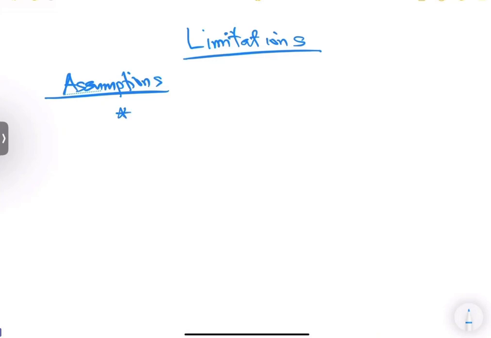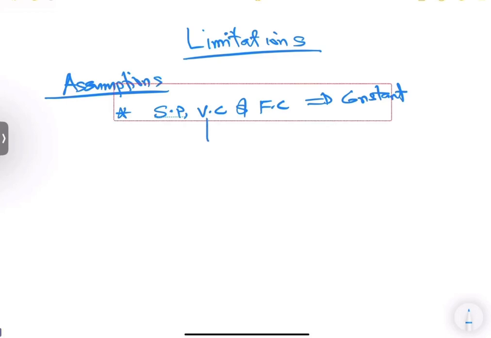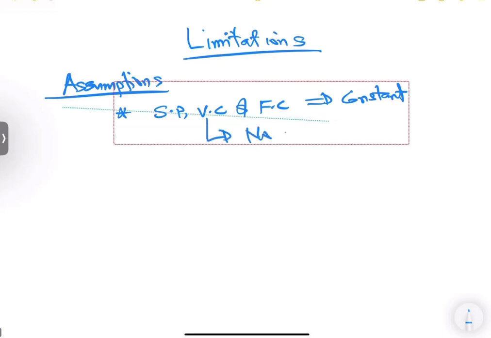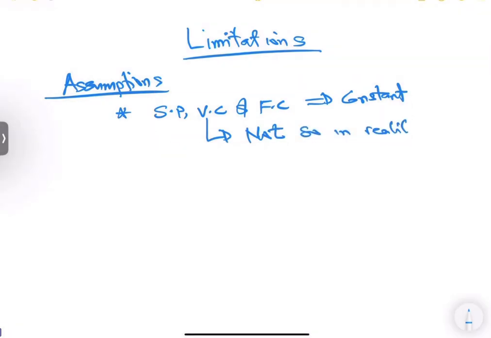Because remember, the first assumption we made when we're doing this was that variable cost, fixed cost, and price will be constant. We said selling price, variable cost per unit, and fixed cost are always constant. This is not so in reality. Even your variable cost per unit can change. If there is a bulk purchase discount, your material cost will not be constant per unit.